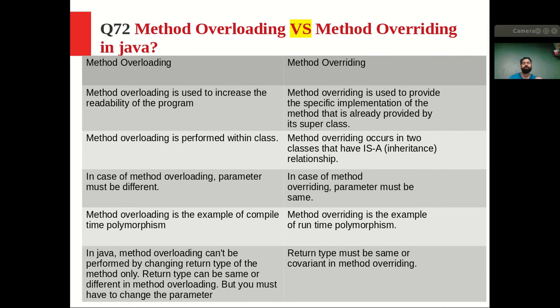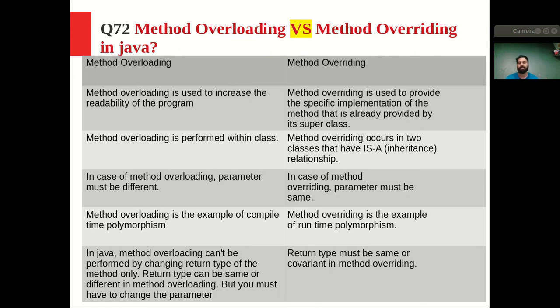Now let's see method overriding. Method overriding is used to provide a specific implementation of a method that is already provided by its superclass, right? As I have told, if we want another implementation of a method which is already there in a parent class or base class, then we can go with method overriding.